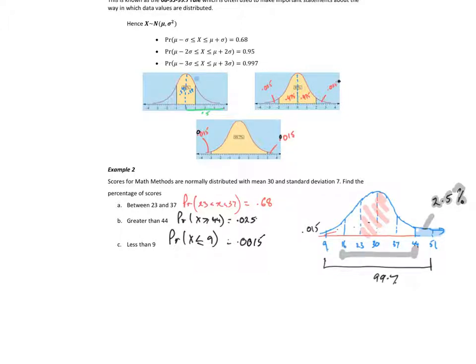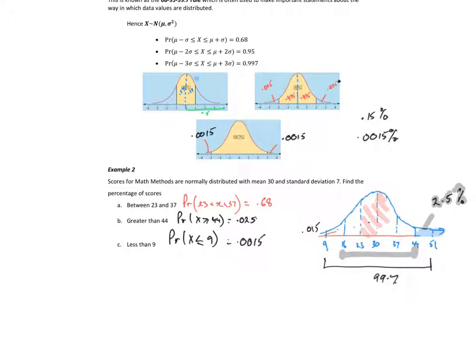We have 0.15% in the tails, divide by 100, gives me 2 zeros. So 0.0015. Let's rub that out and get that right: 0.0015.